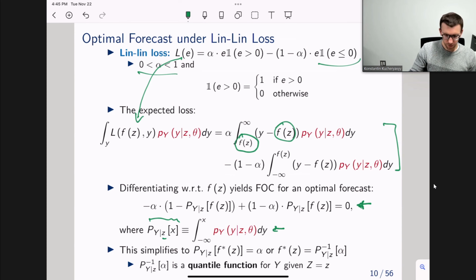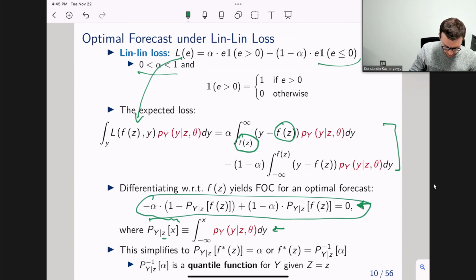So solving this, we can solve it for p_y|z of f of z. That gives us this.